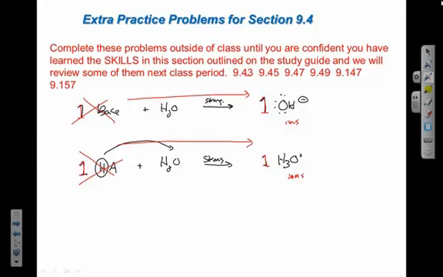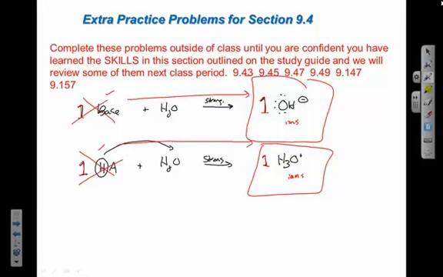So since strong acids and strong bases produce ions stoichiometrically or quantitatively, or one ion for every one molecule that I put in solution, that makes them strong electrolytes, because the number of molecules of acid or base I put in will eventually, when it all fully dissolves and reacts, produce that same number of ions in solution, which can carry the flowing charge through solution and conduct the electricity.